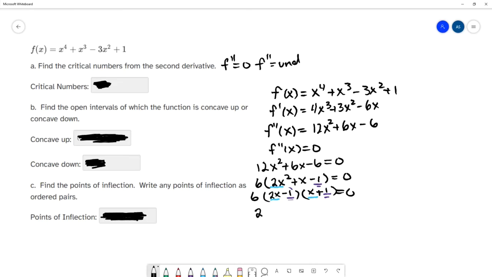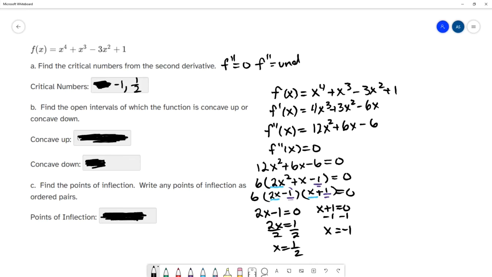And I can set each factor equal to 0. 2x minus 1 equals 0, and x plus 1 equals 0. I'll solve each of these equations to get 2x equals 1. Divided by 2, and I get x equals 1/2. I subtract 1 and get x equals -1. So I've got my critical numbers, which are -1 and 1/2.